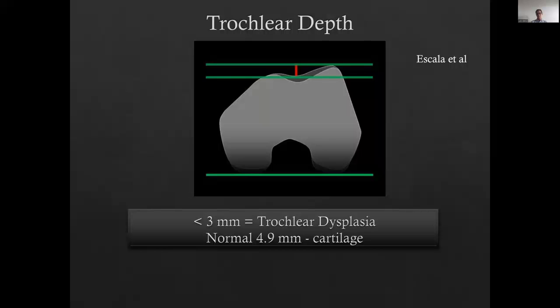You see it on this picture here. There is a very low height of cartilage. So if you just do a CT or X-ray, you will miss what is really going on because there is this mismatch between the bone and the cartilage. But normally it's 4.9 millimeters.